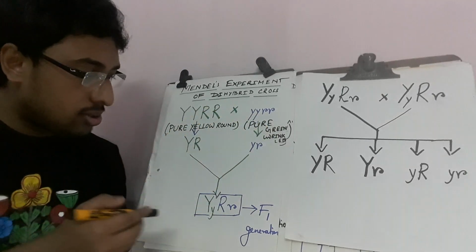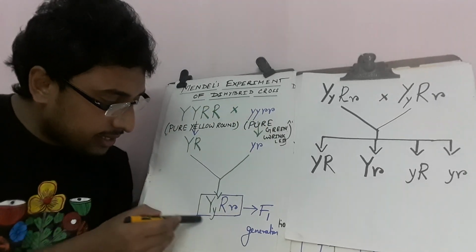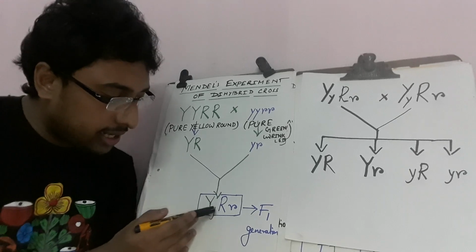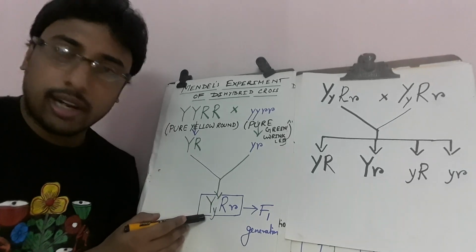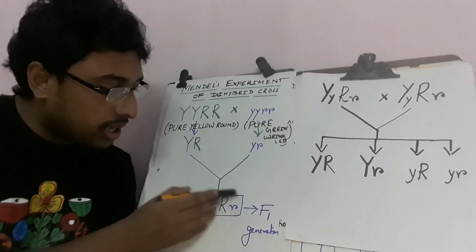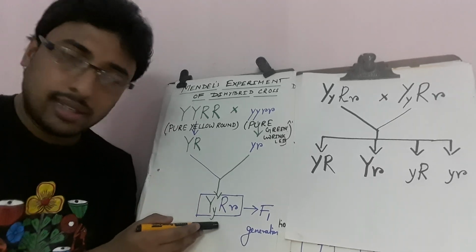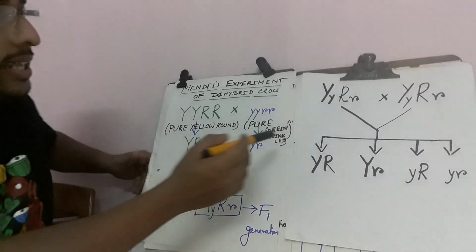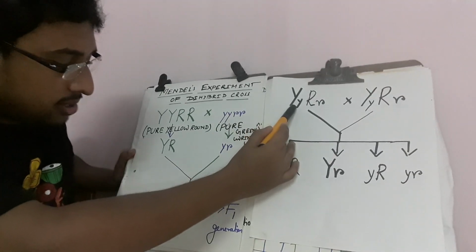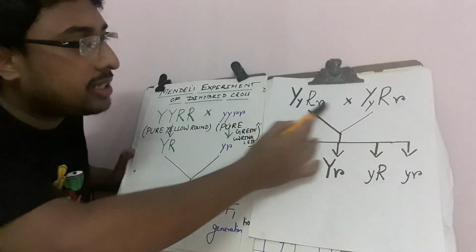So we are getting seeds that dominate the character of small y, small r. So this is known as yellow round seeds.